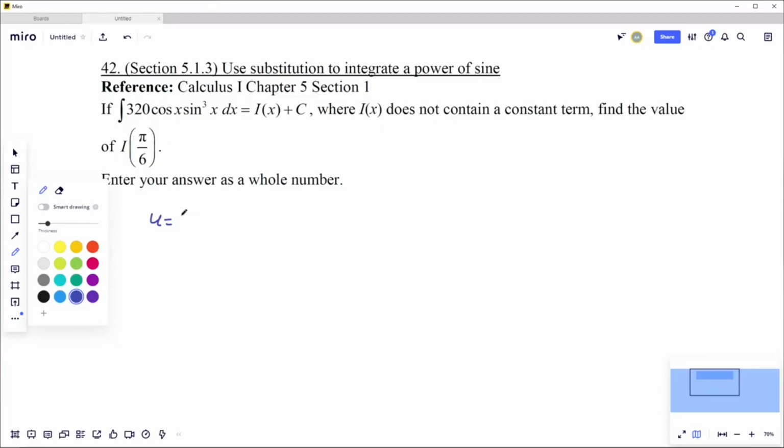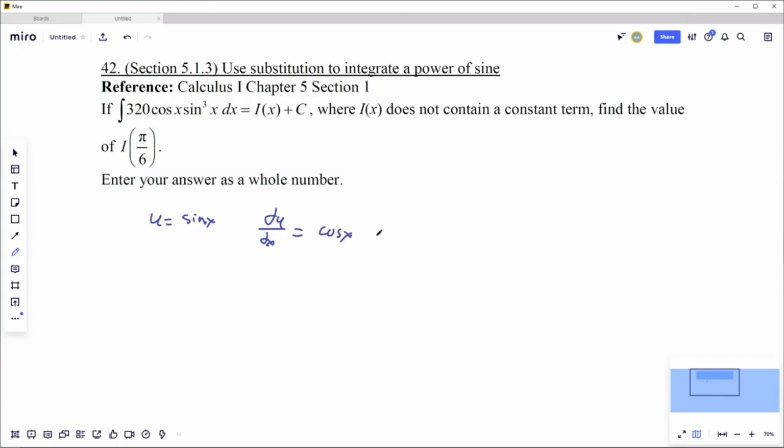So pretty much. So u equals sine of x, and du over dx gives you the derivative of sine of x, which is cosine of x, and dx equals du over cosine of x.